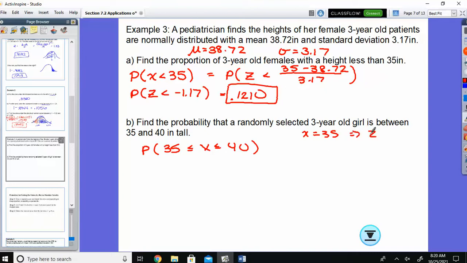When your x is 35, we already found that our z was, yeah, your stuff had that. When your x is 40, then you would do 40 minus 38.72 divided by 3.17.